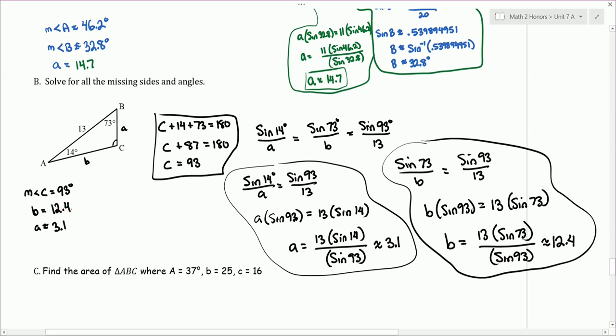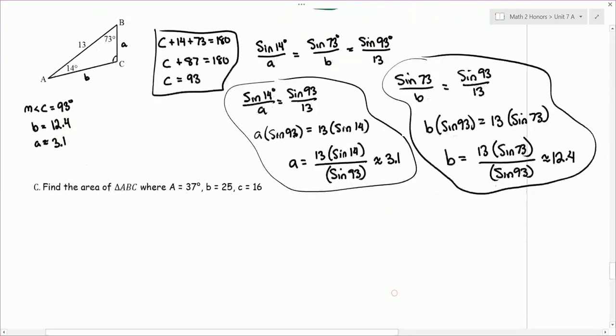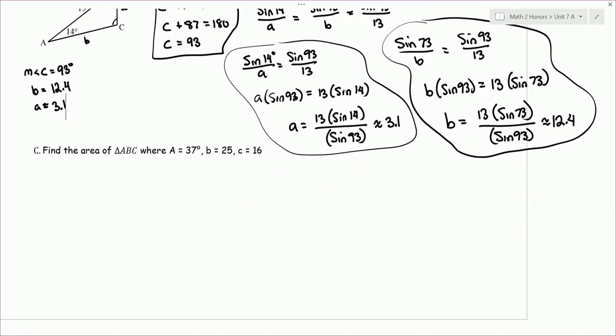And then we got our missing sides and missing angles. Last part, we're going to find the area of triangle ABC where A is 37 degrees, b is 25, and c is 16.